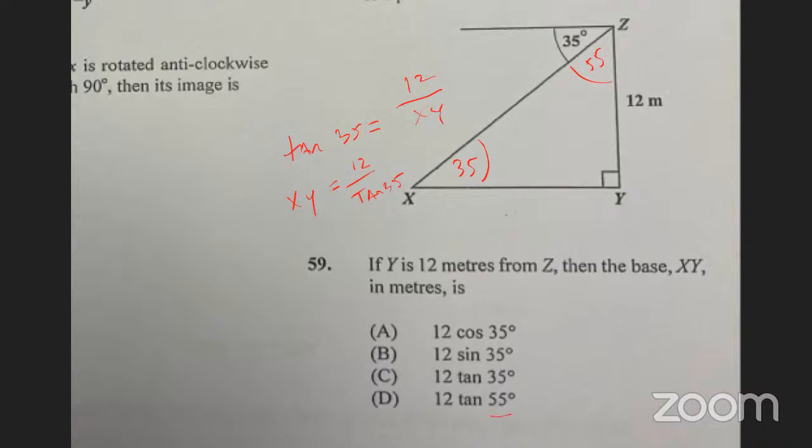Right. Oh yeah. That's what it did. They're using X side, right? So if I use 55, it will be tan 55, which is opposite over adjacent. So XY is 12 tan 55.